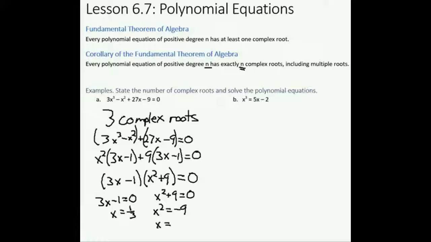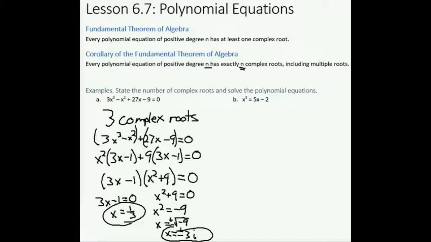When we take the square root of negative 9, we know we can't take the square root of a negative, so we have an i, and I should have put plus or minus here. x equals plus or minus the square root of 9, which is 3, and we have i. So our solutions are x equals 1/3 and x equals plus or minus 3i.